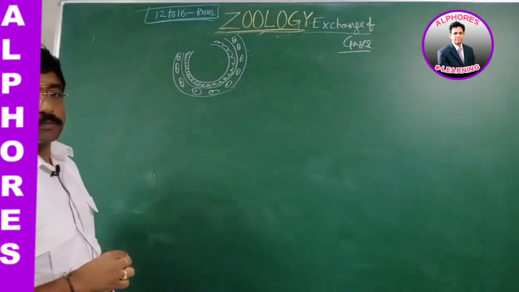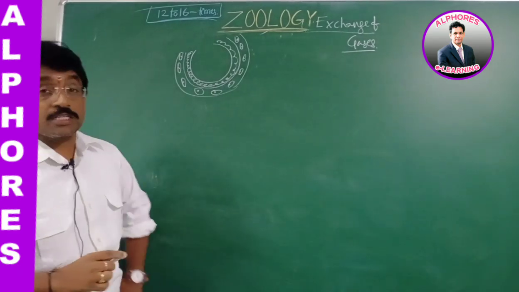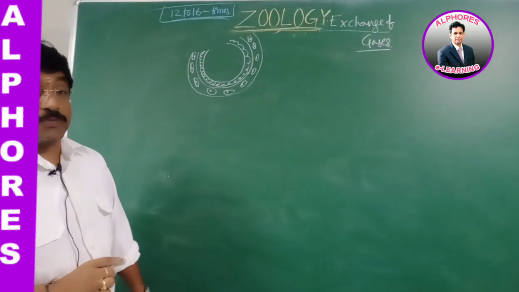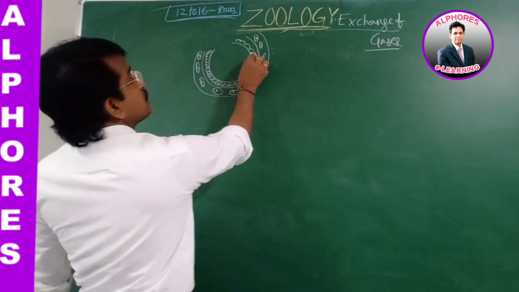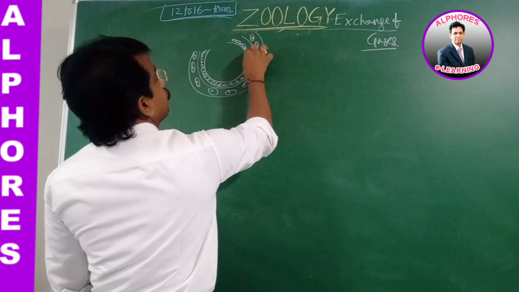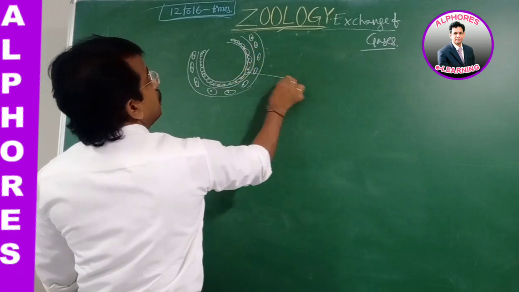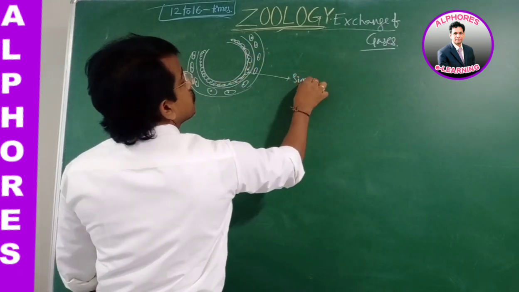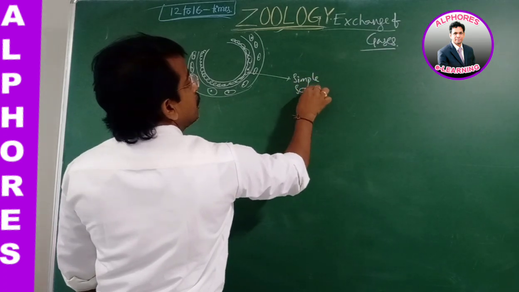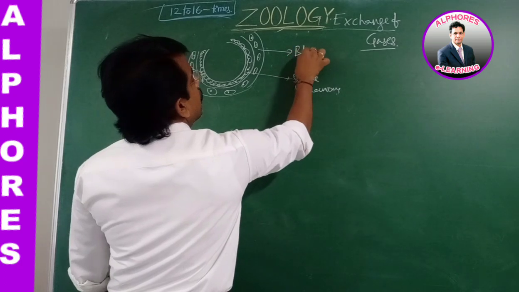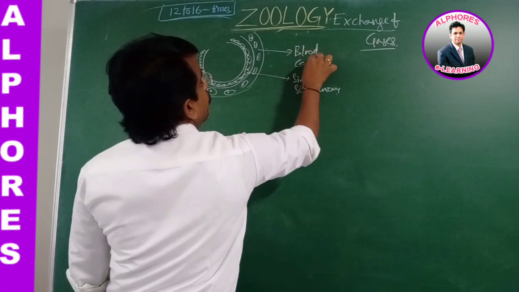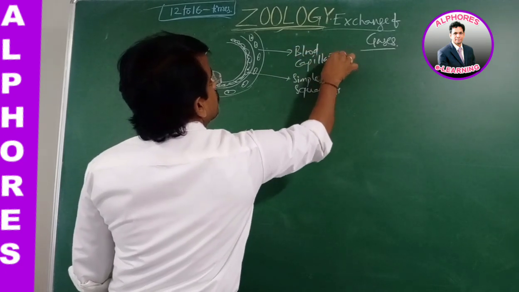Look here. Basically, the exchange of gases takes place at the alveoli of lungs. Alveoli of lungs are lined by the simple squamous epithelium, and next, these are the blood capillaries.